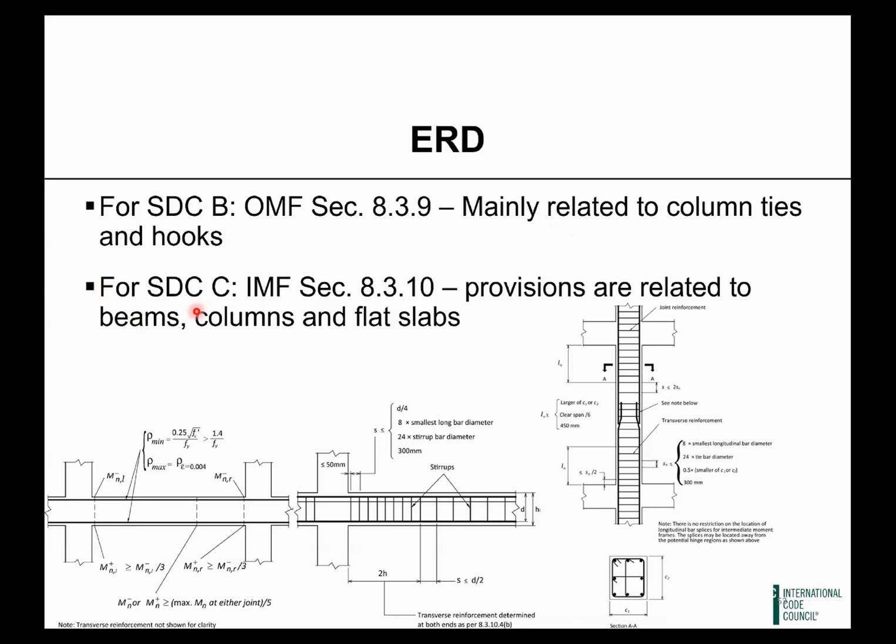For seismic design category C, corresponding to IMF, section 8.3.10 is the section that you have to follow if you want to design according to SDC C. The provisions are mostly related to beams, columns, and flat slabs. So the tie spacing, the stirrup spacing, etc. are mentioned in this section.